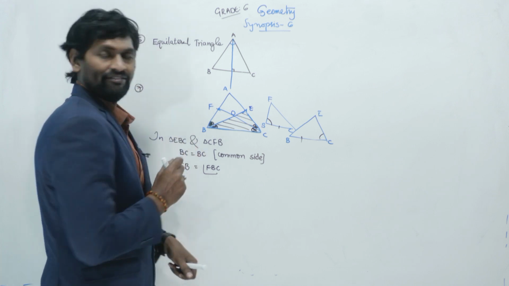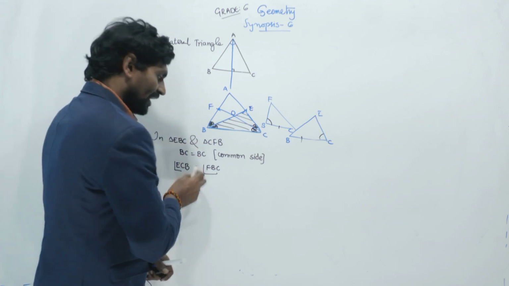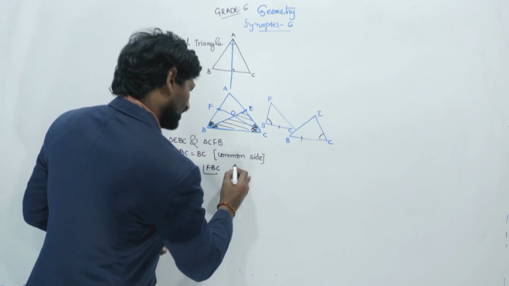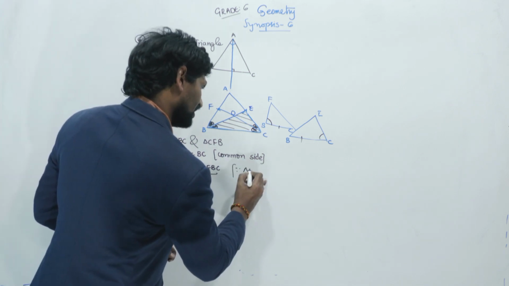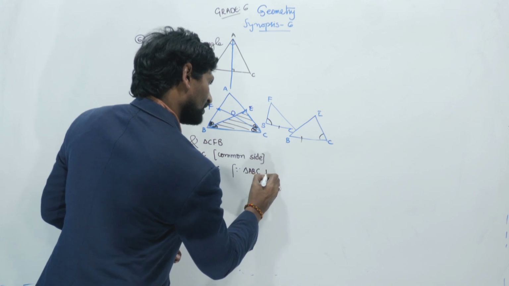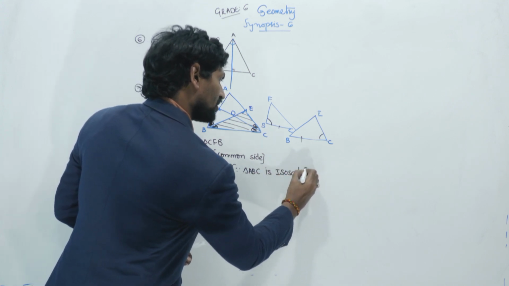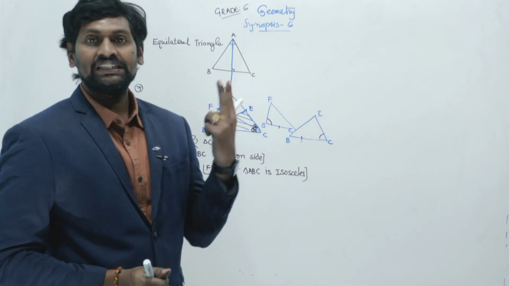So we have got the common side and two equal angles based on the isosceles triangle. Successfully we found two measurements.